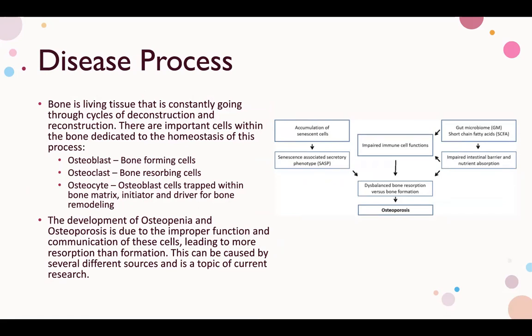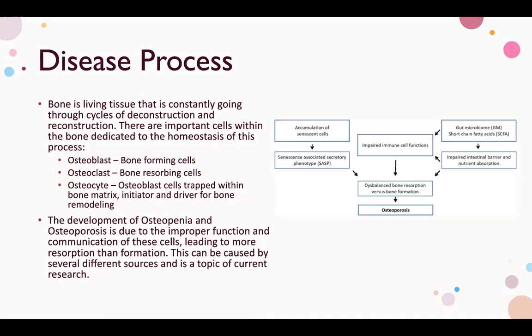Some important cells in this process are osteoblasts, the ones forming the cells, osteoclasts, the ones resorbing them, and then osteocytes, which are former osteoblast cells that are trapped within the bone matrix. And these are found to be important initiators and drivers in a lot of cell signaling processes or other ways that our bodies continue to remodel this bone.